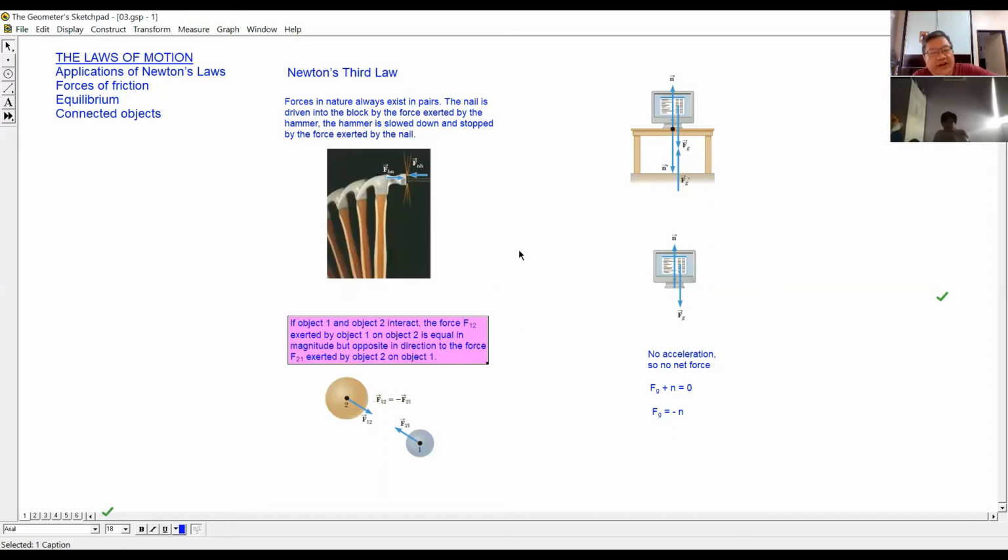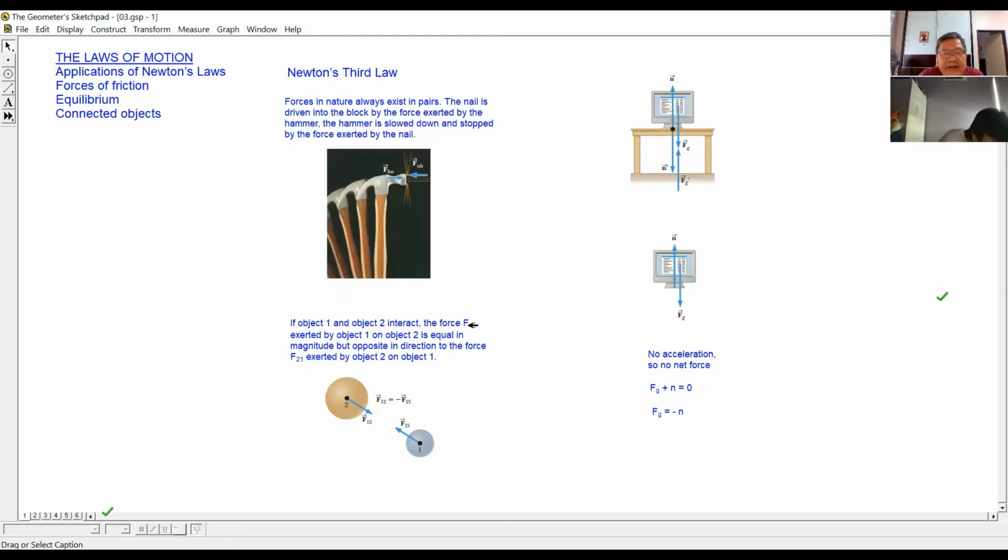Over here, we are not talking about a specific case, but about the general case. If there are two objects, this gray-colored object 1 and golden-colored object 2, when they interact with one another, meaning one knocks against the other, it doesn't matter which one knocks against which.